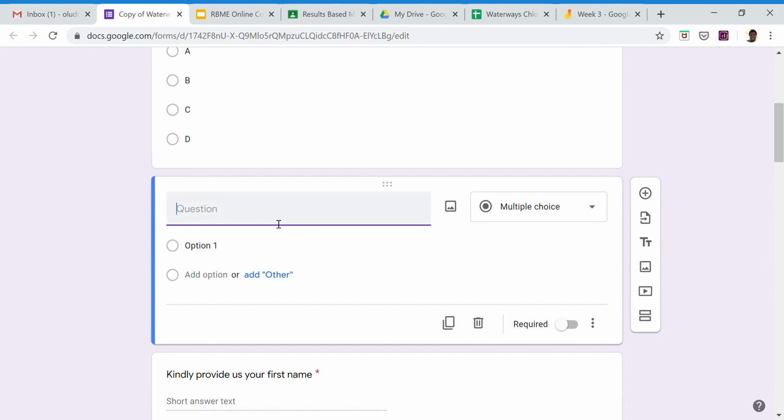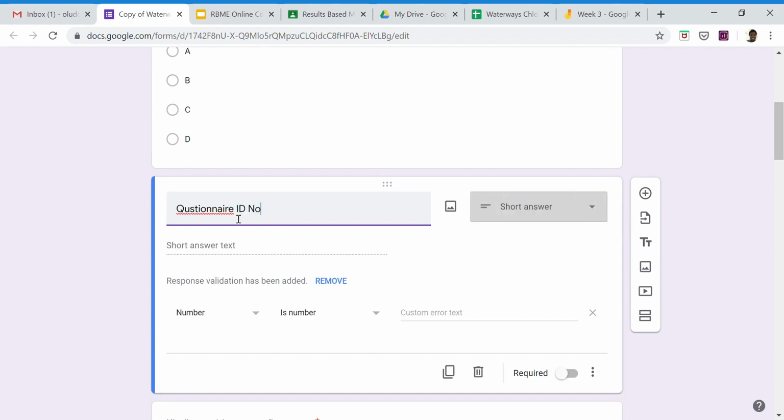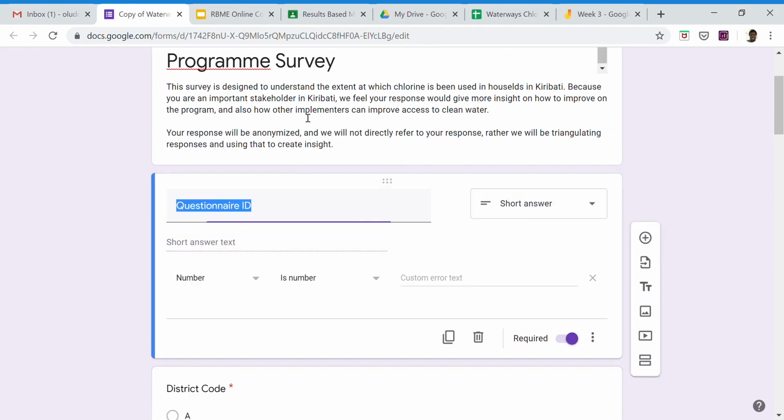So you say questionnaire ID number. Like a short answer fits into that, right? Wait a second. So questionnaire ID. Something like that, and yes, it's a number. I want it as a number and it's required. So put it here.